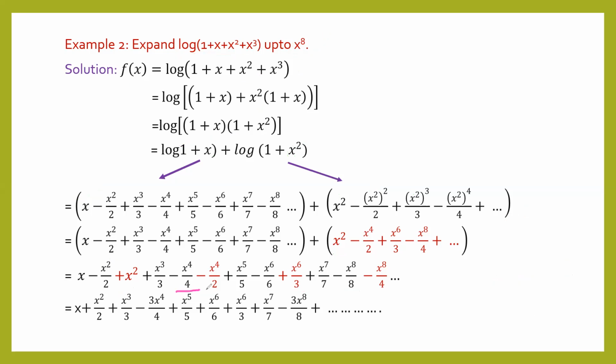To combine the next terms, you take x raised to 4 common and then minus 1 by 4 minus 1 by 2. And when you simplify it, you will get this as minus 3 by 4. Similarly, you can do the calculation for these terms and you will get the required expansion.